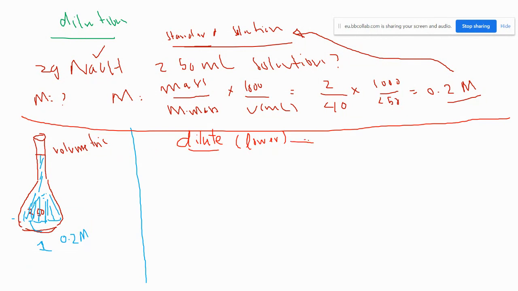When I'm diluting it, what would I do? Suppose I will give you a common example. We have 2 cups, this is 1 cup, and there's another cup.